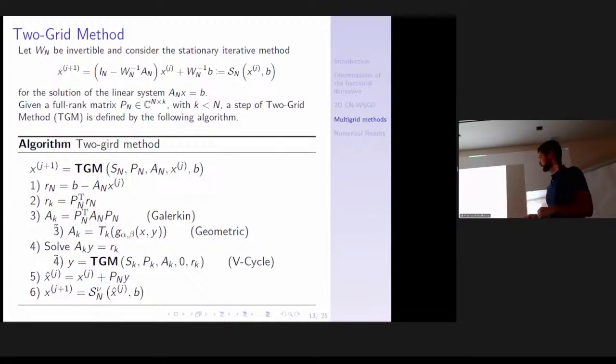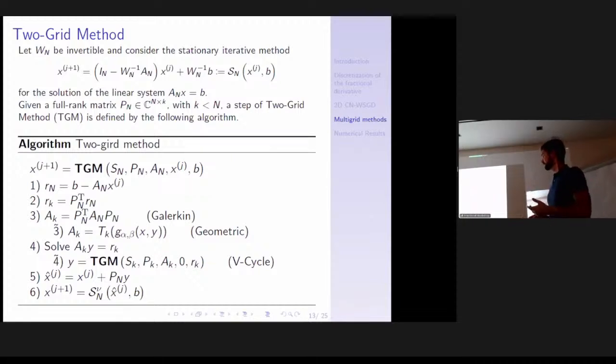So let's introduce multi-grid methods. At the basis, we find the two-grid method, which consists of a stationary iterative method like Jacobi or Gauss-Seidel, and another algorithm called the coarse correction, which is steps 1 to 5.